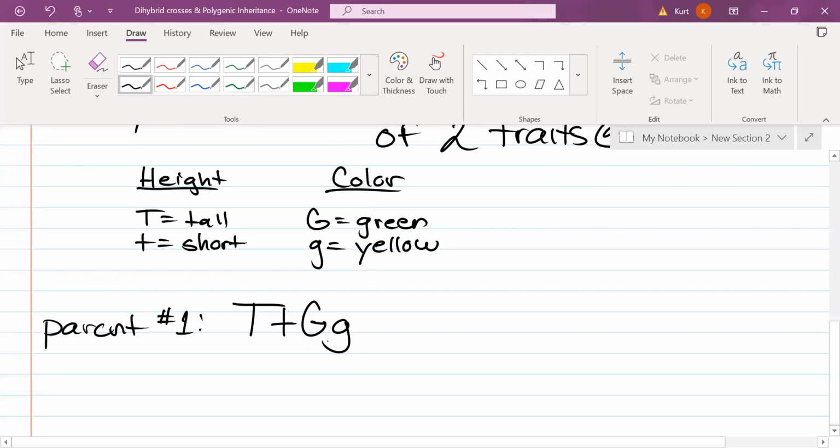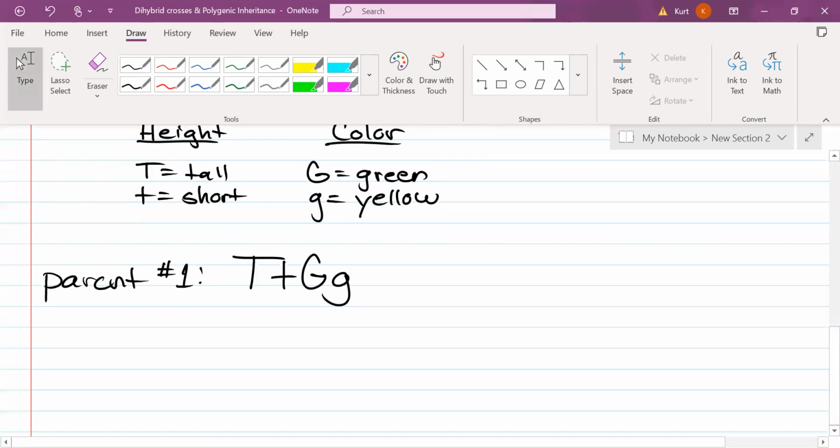If they were homozygous dominant, you could call it a true homozygous dominant. You could call it a true breeding tall green. There's a lot of different combinations. It could be dominant hetero, hetero dominant, hetero hetero, dominant dominant, recessive hetero, recessive dominant, just so many different combinations. I think there's 8 total.